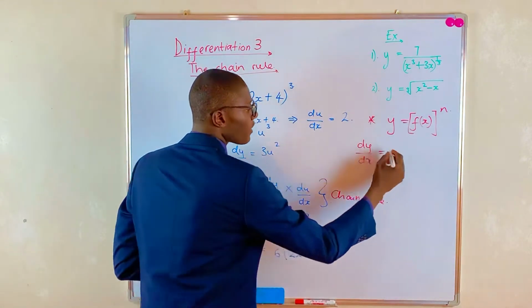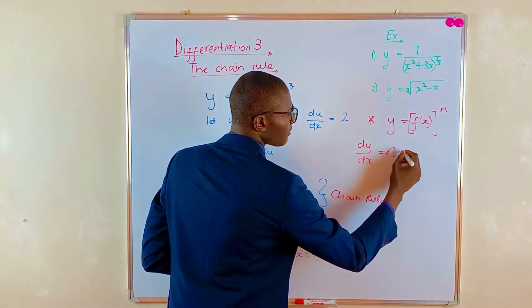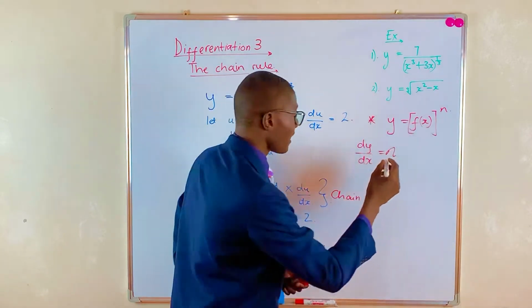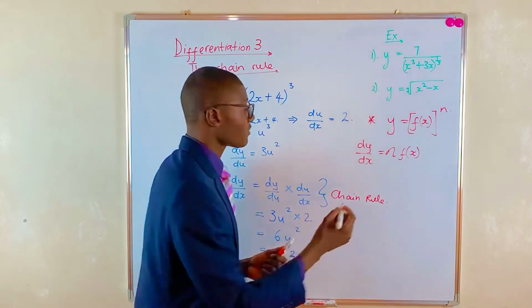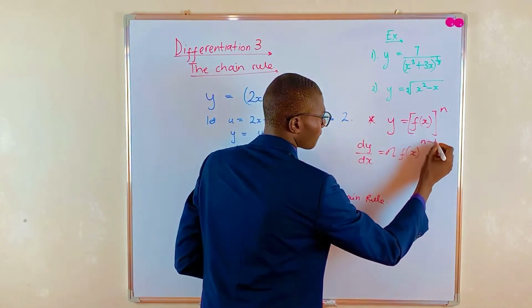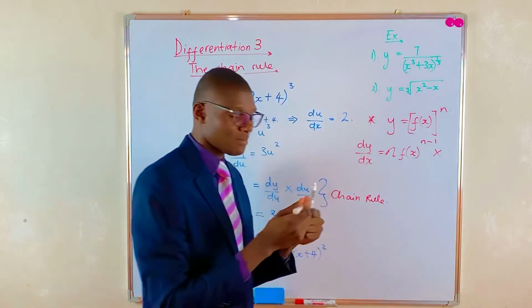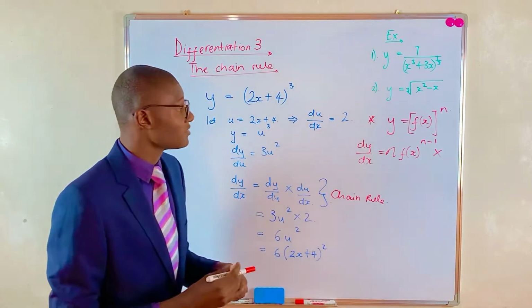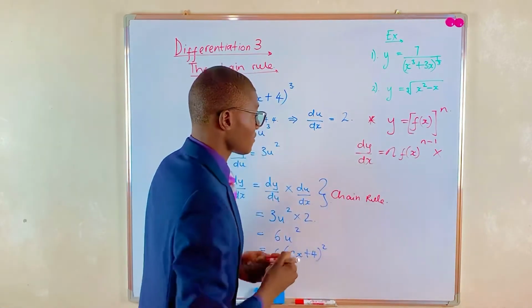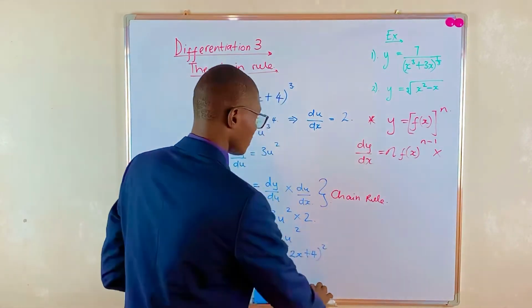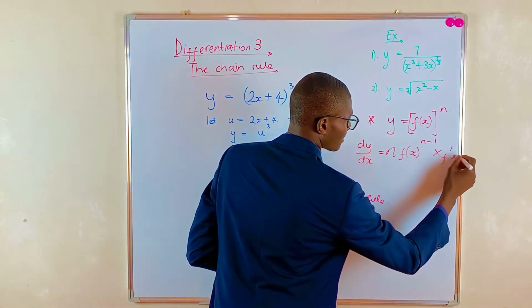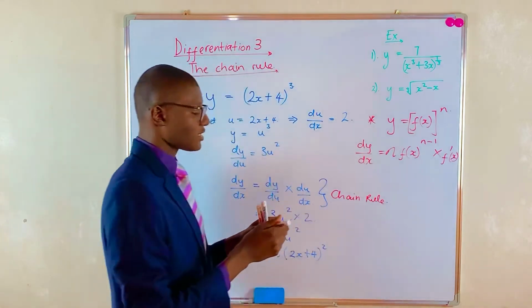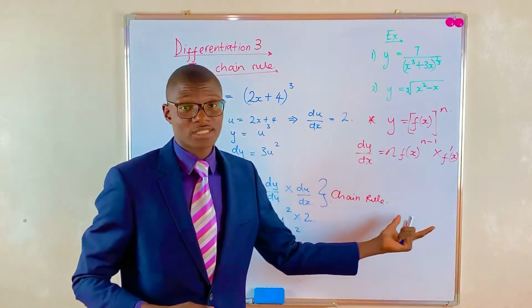Drop the power, multiply by your f of x, then subtract 1 from the power, and then you have to multiply by the derivative of f of x, which is f prime x. So this is how we write it in short.